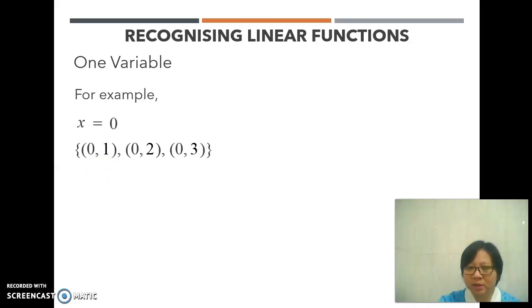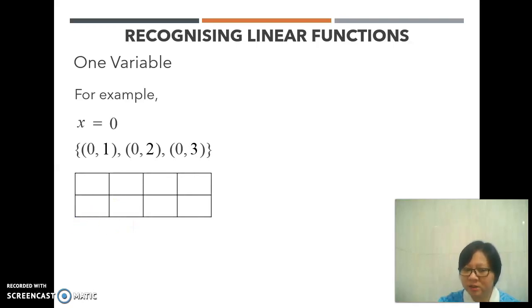When we are plotting the graphs of linear functions, we are not going to use this set of ordered pairs, but we are going to use a table of values. The first column is for x and y, x on the first row, y on the second row. So the first row is for the x coordinates and the second row is for the y coordinates.